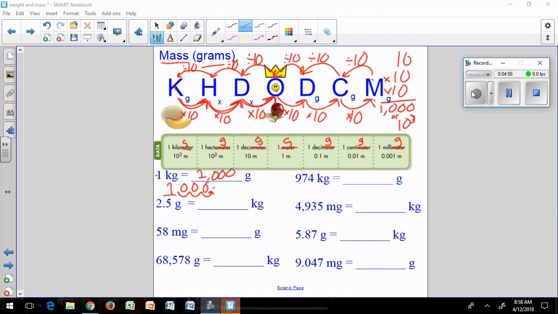Remember those exponents? So if I'm multiplying by 10 to the third, I'm moving my decimal point to the right 3 spaces. Make sense?